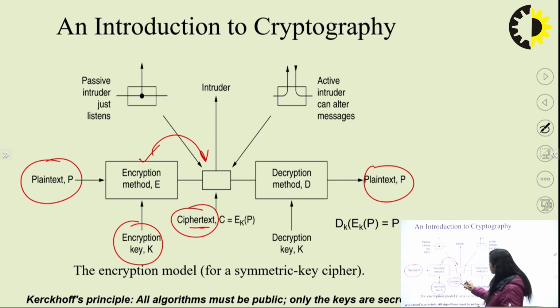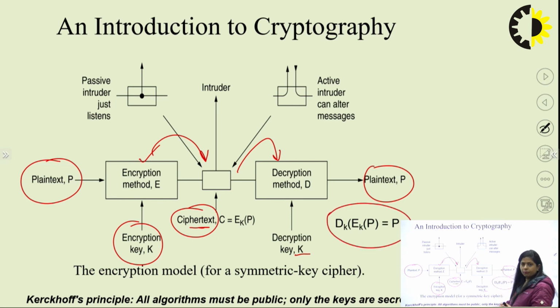Then this ciphertext will be decrypted with the same algorithm, right, and with another key, the decryption key K. Then decryption will take place, and plain text will be received at the receiver end. The complete process is not known to the other users, right.